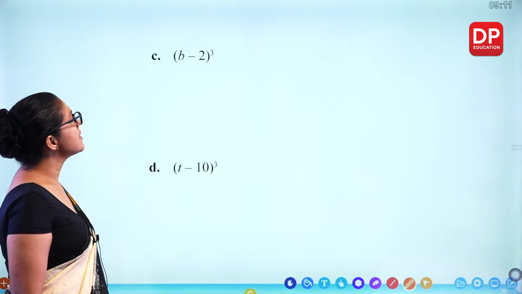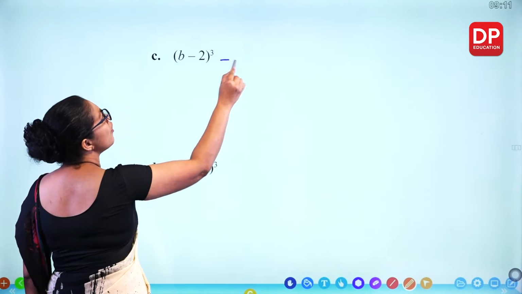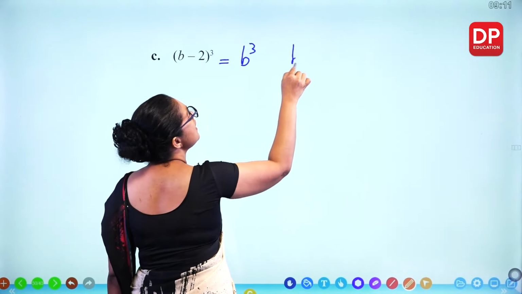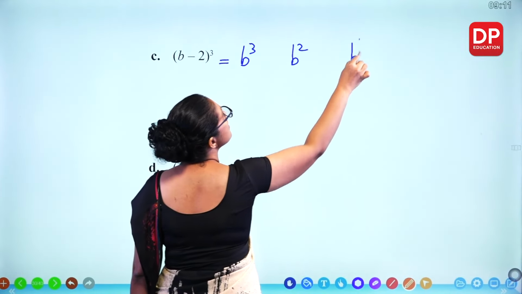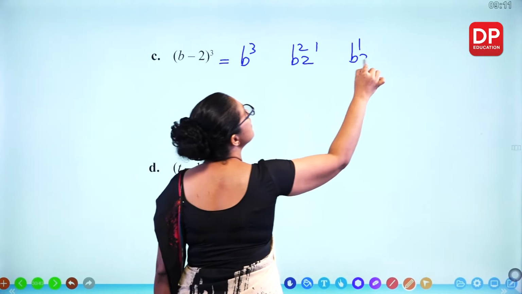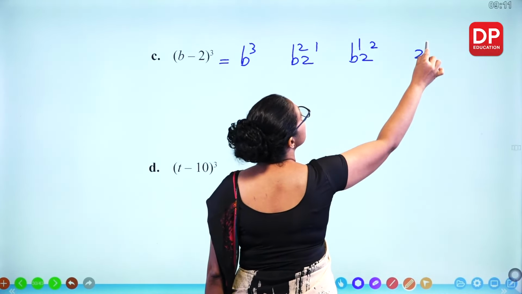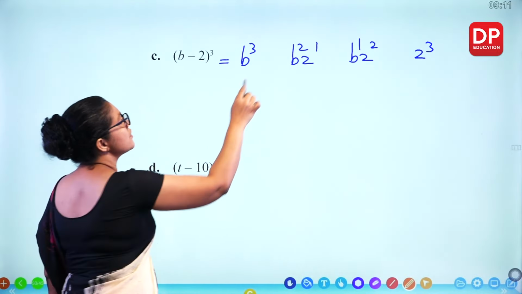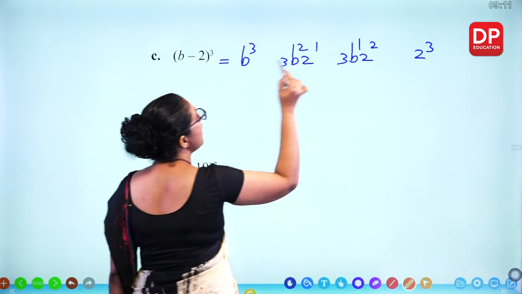Now look at part C. Follow the pattern. First term starting from power 3, power reduces. Second term 2, starting with this, power increasing. The next step is to put 3's here and then the sign.